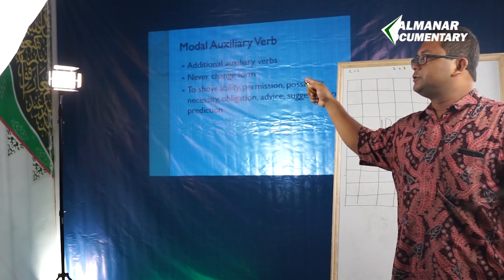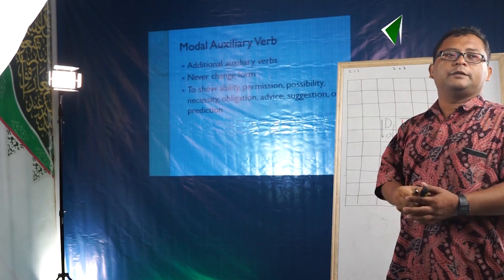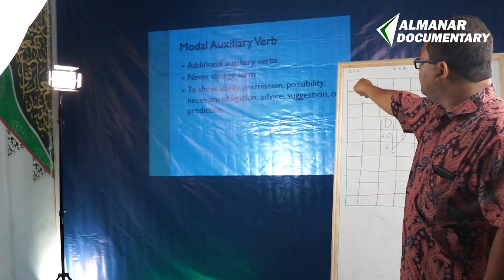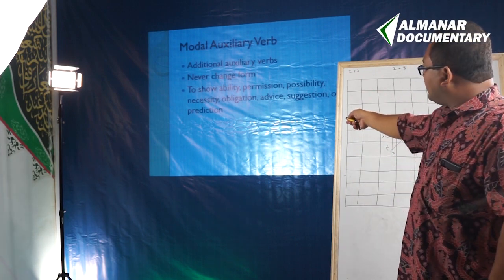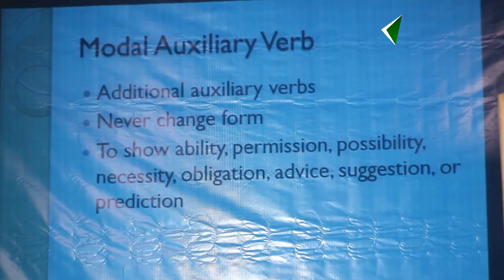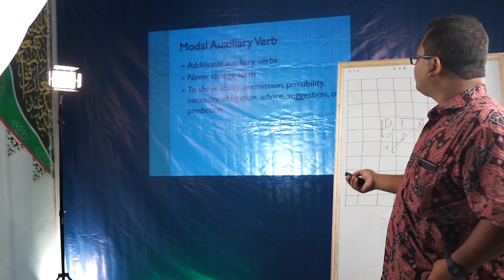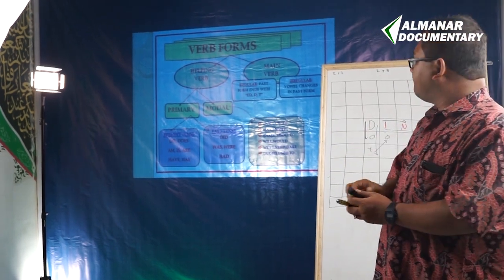She goes to the market. She can go to the market. This is the difference. It will never change the form of the sentence. And it is used to show ability, permission, possibility, necessity, obligation, advice, suggestion, and prediction. All right, for example, look here.